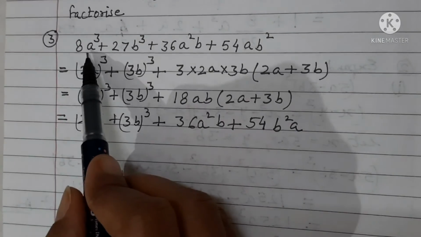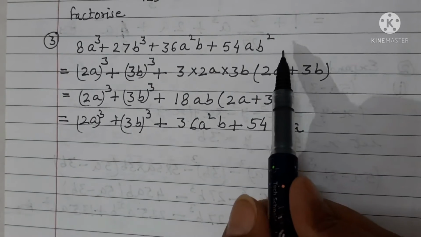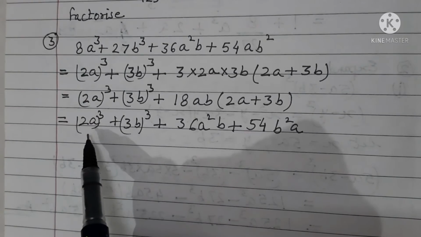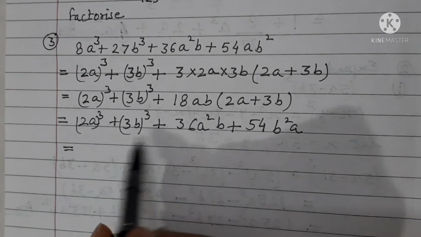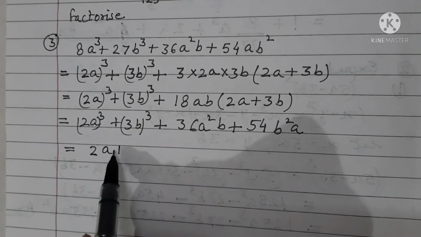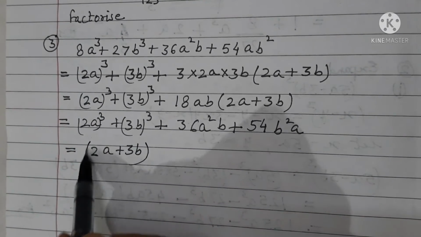So this expression is given the identity of 2a plus 3b whole cube. You can write it directly 2a plus 3b whole cube.